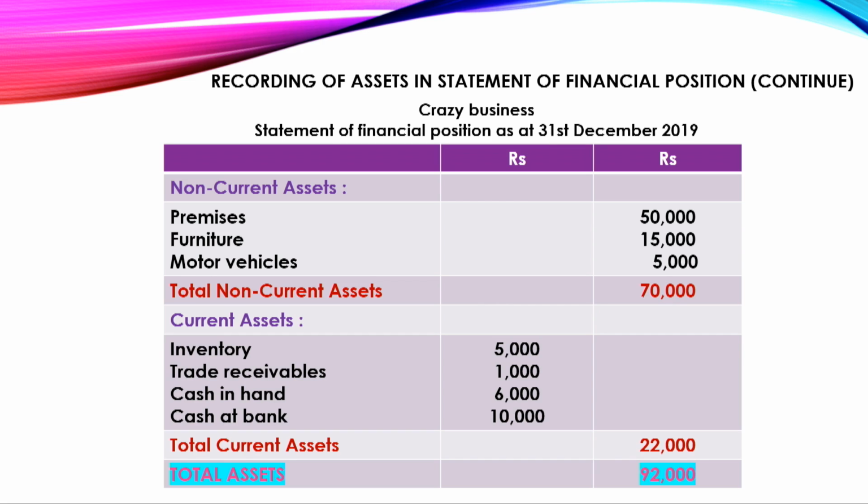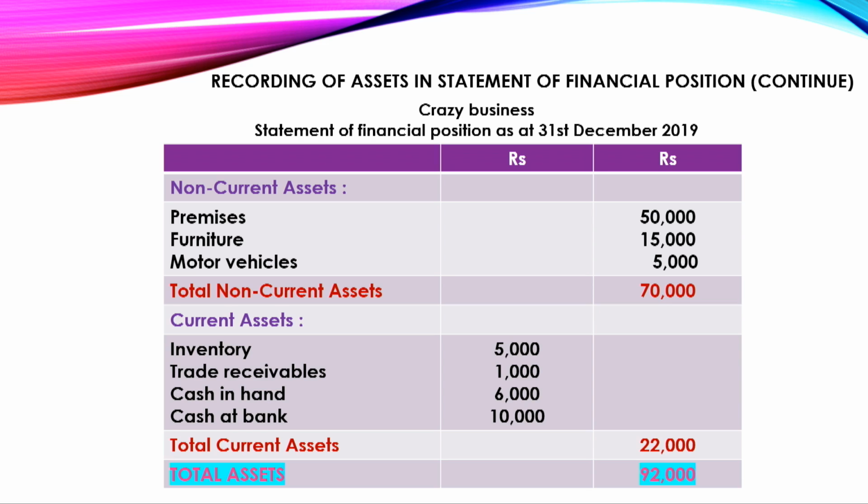Having classified the items into non-current assets and current assets, it is now easier to do the recording in the Statement of Financial Position. So, when drawing the Statement of Financial Position, it is important to write the entrepreneur's name at the top so as to know for whom the statement is being prepared for.